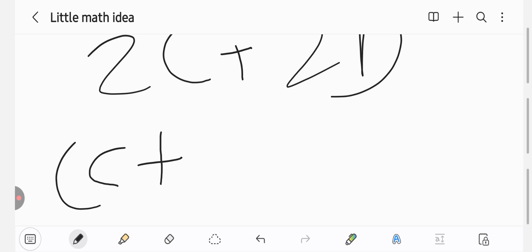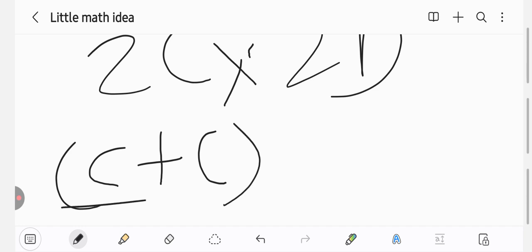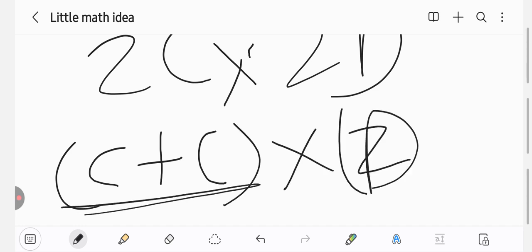The 2c was expanded first, then you got 2c times 2d. You first do 2c times (d plus d). Look at this bracket.